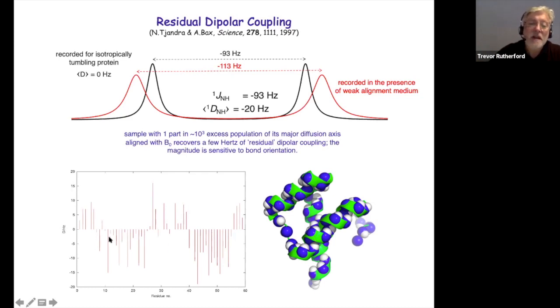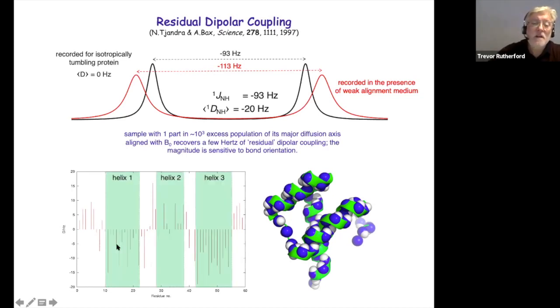And when we look at the magnitude of the RDCs that we measure, residue by residue in that backbone for the NHs, what we see is we get 3 regions of RDCs in there, and they correlate very well with the orientation of the helices. And in fact, we can do a lot to refine that structure and tell in some high resolution what the angular difference is between each of these helices in a bundle.